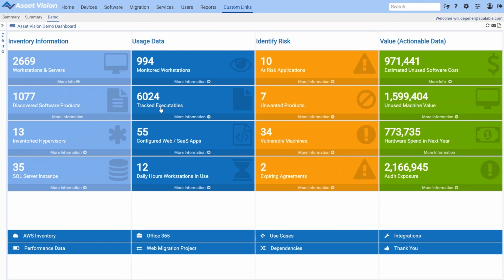I've got a little reminder down here to talk about integrations. We have the ability to pull data from SQL, Oracle, flat file, and we also present an API, whether it be HTTPS based, a bespoke API, or more recently we've incorporated OData, which would allow you to use your own systems to interrogate Asset Vision once it's done the collection, or plug something like Power BI in and collect that information.